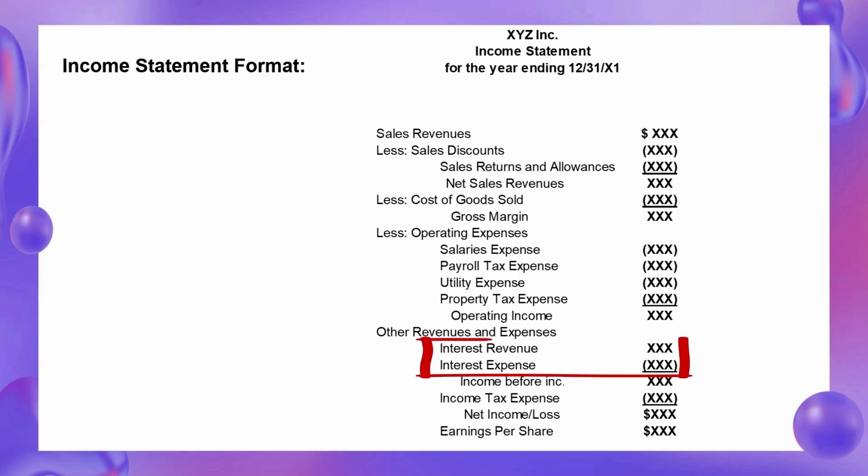Now, I might generate, as a result of this, some rental income or rent revenues, but I'm not in the business of renting space. I'm in the business of buying and selling grocery products. And so rent revenue is really not part of my normal operations. It's just kind of a supplemental source of income.